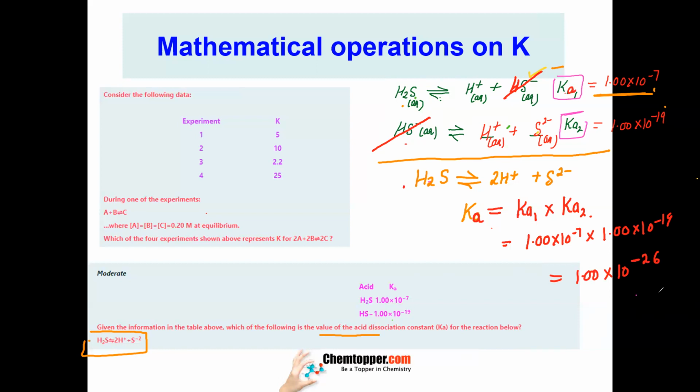I think I'm right. You just add the exponents. Okay, so that's about the mathematical operations on the equilibrium constant.